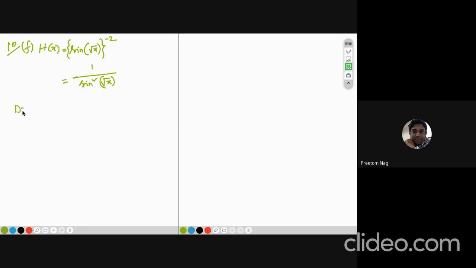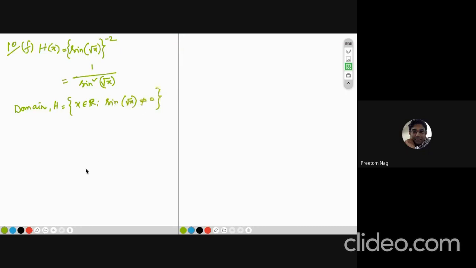Now the domain of h would be: x belongs to R such that sine square root of x can never be equal to 0.